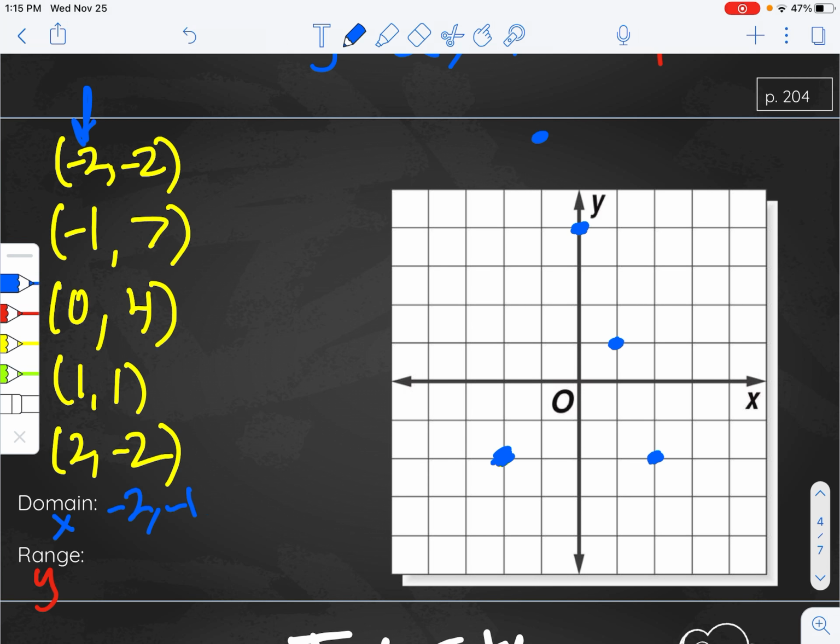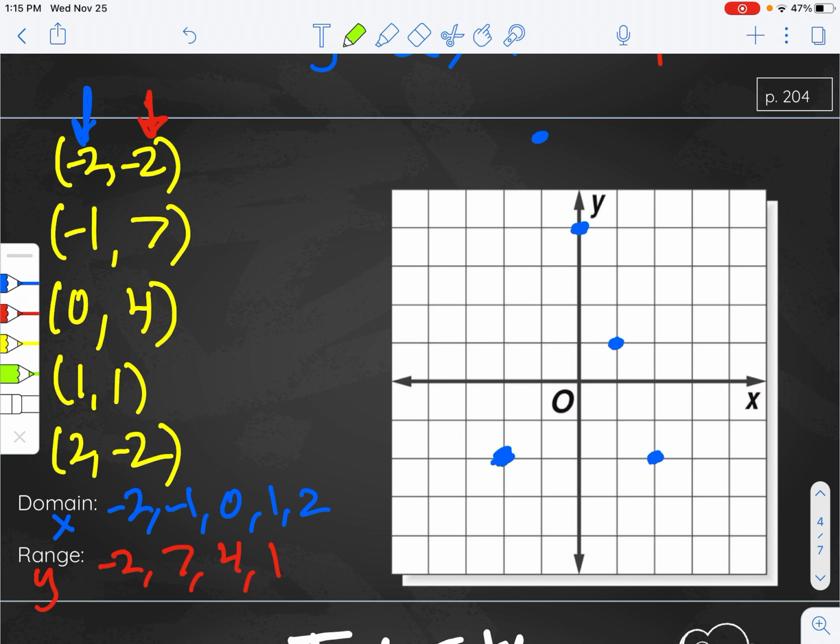So we have negative 2, negative 1, 0, 1, and 2. For our range, we'll just look at our y values. Negative 2, 7, 4, 1, and negative 2 we do not need to list again. So that's all we're doing for our domain and range.